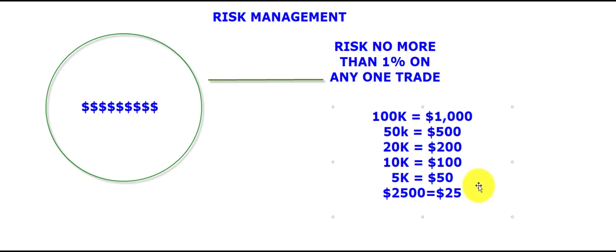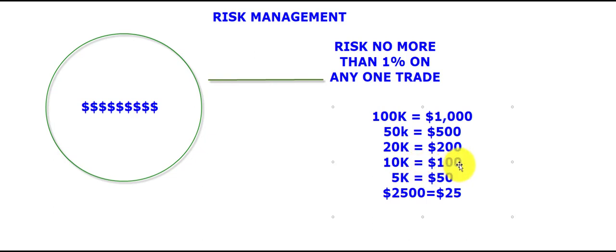So what to do? Well, if you're at 20 or higher, you're going to be in good shape to start out, and to not be putting too much pressure on your trading account or on you. If you're at 10,000 or at 5,000 or at 2,500, you really have to give thought to what market you're trading.